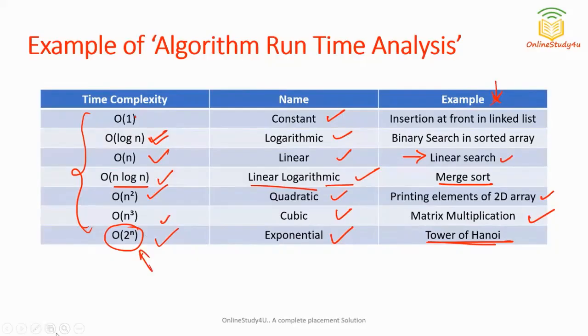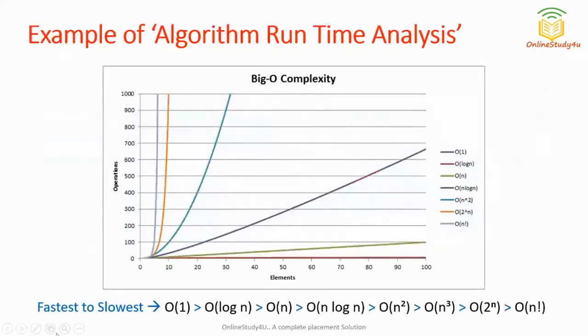Now let us contrast all these time complexities. For that we have a graph here, so just take a look at it. On the x-axis we have elements, meaning the input size, as we increase the input size for a particular algorithm. On the y-axis we have operations, meaning how many operations are performed, or how much time it is going to take.